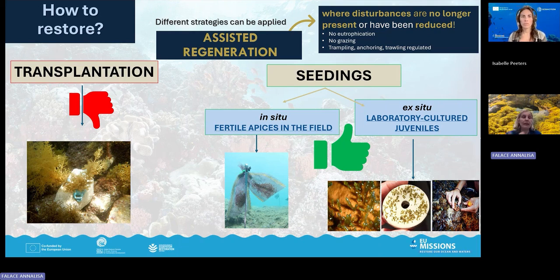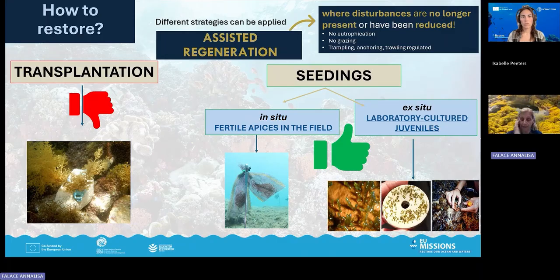And as for the method, in the past I was the first in the Mediterranean to use transplantation. It means the transplant of adult individuals and the outplanting in the area to be restored.